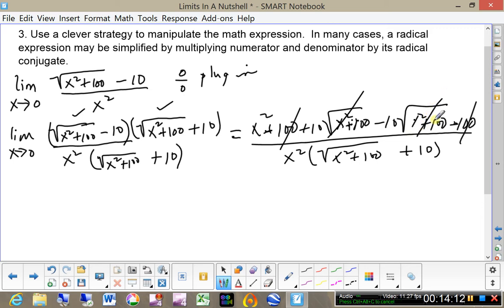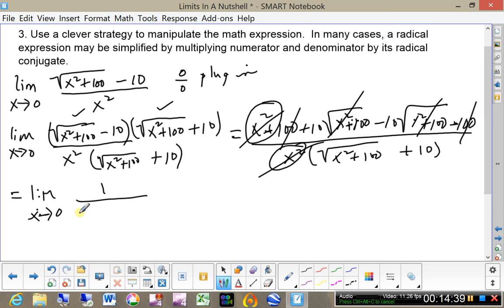And we're left with x squared in the denominator that cancels with x squared in the numerator, and we get the limit as x approaches 0 of 1 divided by the square root of x squared plus 100 plus 10.